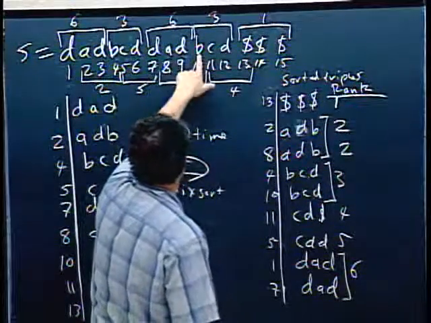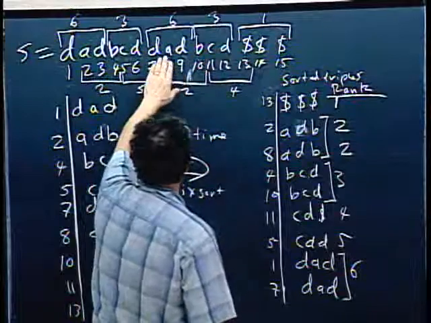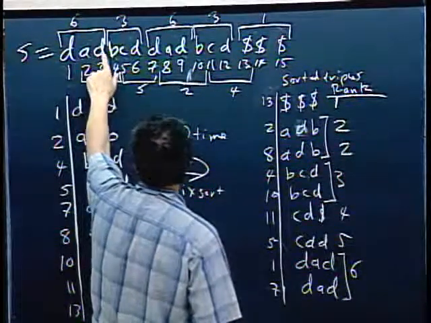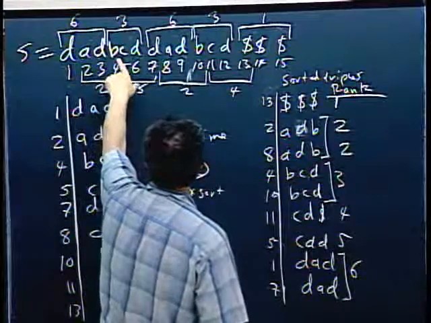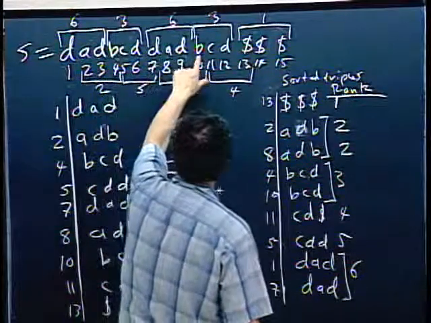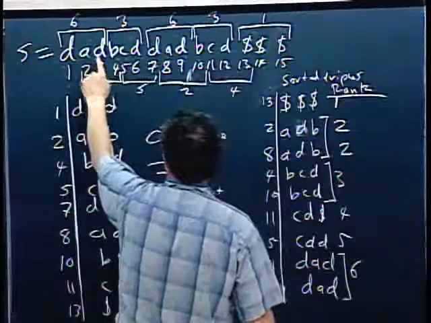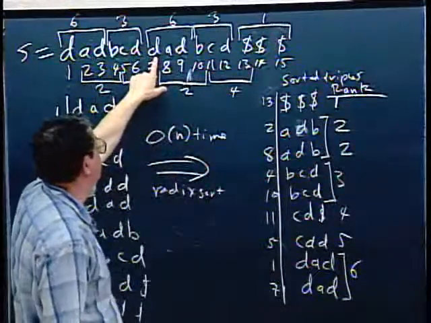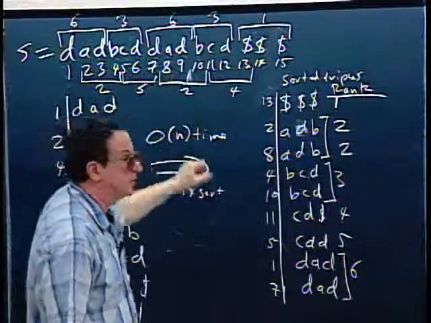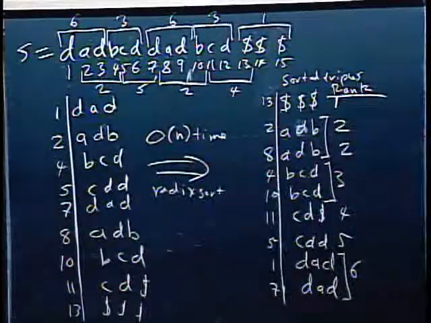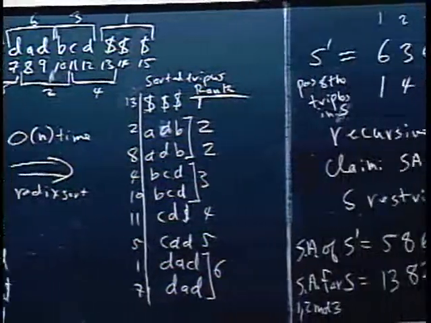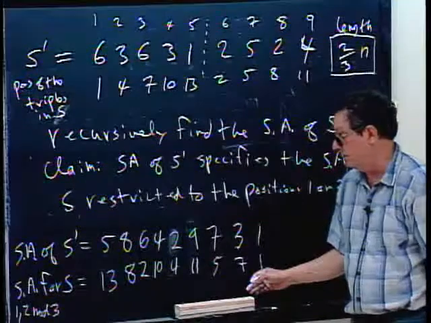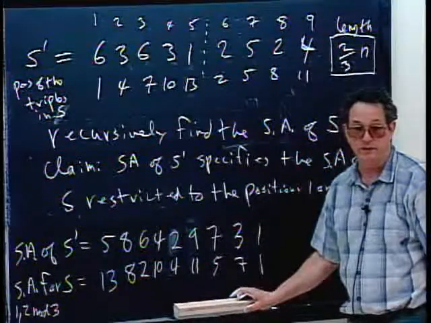That's ADBCD dollar sign. This is ABCDD. Okay, D being bigger lexicographically than the dollar sign, and so on. So the claim is that this is, in fact, the suffix array for S restricted to the positions 1 or 2 mod 3.